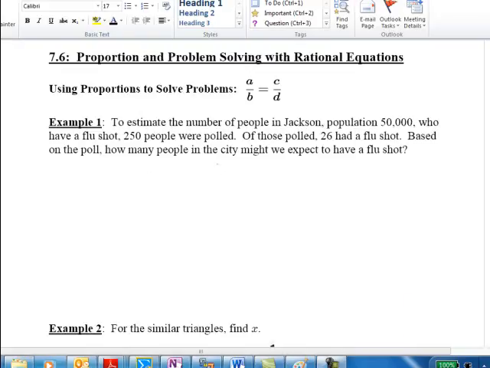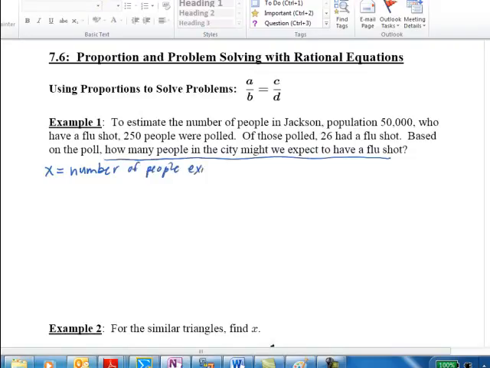So what you want to think about first always is what the variable should represent. And so you look for the question. The question says, how many people in the city might we expect to have a flu shot? So x in this case represents the number of people expected to have a flu shot.